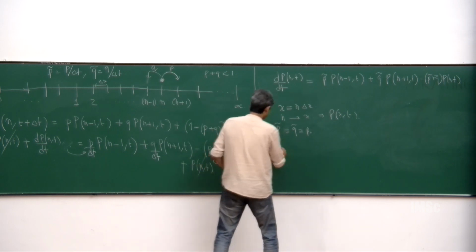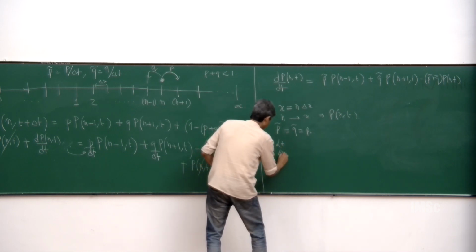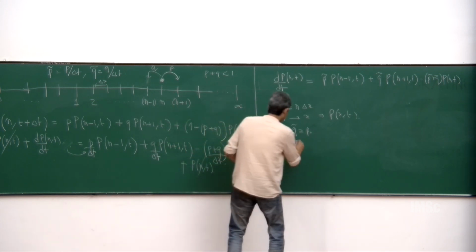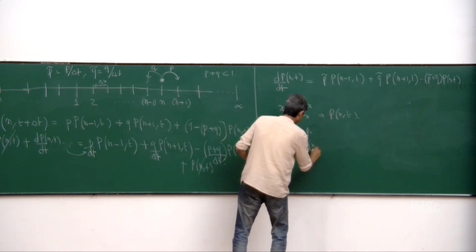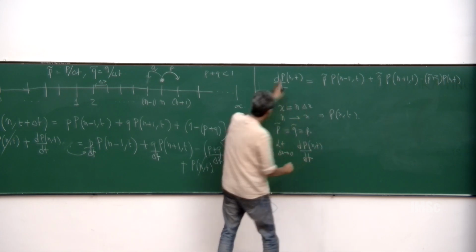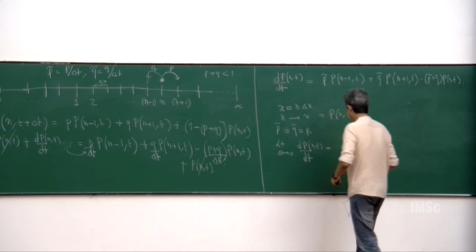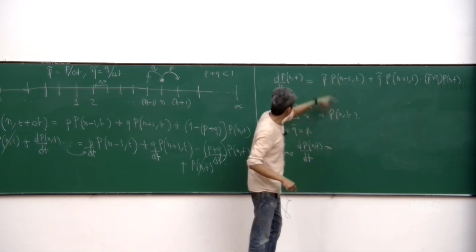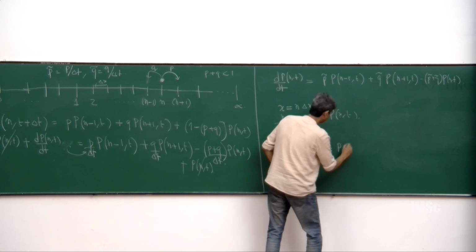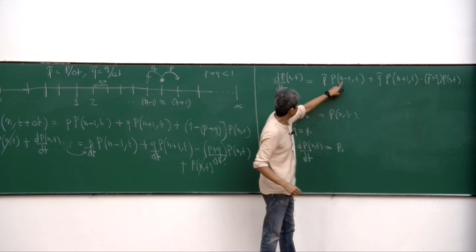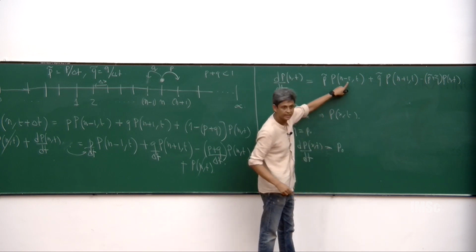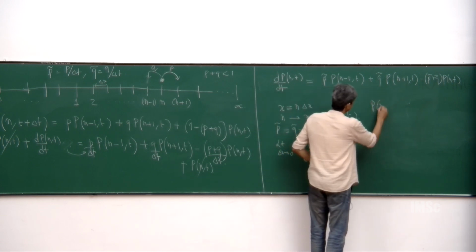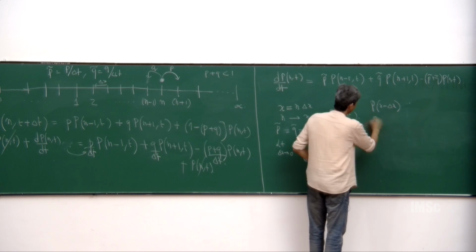So now I have to consider the limit of delta x tending to 0 because I want the space to become continuous, and this becomes dp(x,t)/dt. What is this one? So I can write down p naught, and this is p of x minus delta x. If you Taylor expand this quantity, what will you get?